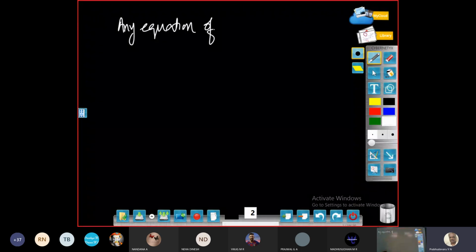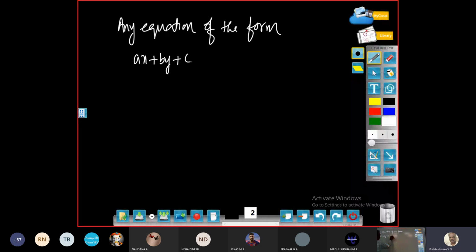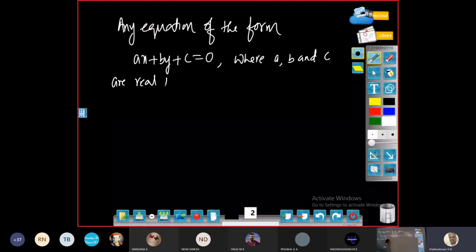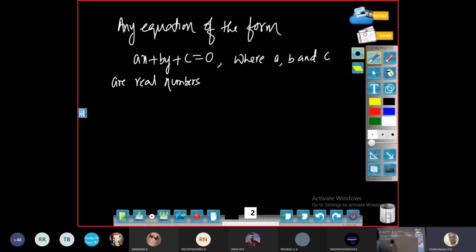Any equation of the form ax plus by plus c is equal to 0, where a, b and c are real numbers, and here a and b are both non-zero, they should not be zero.